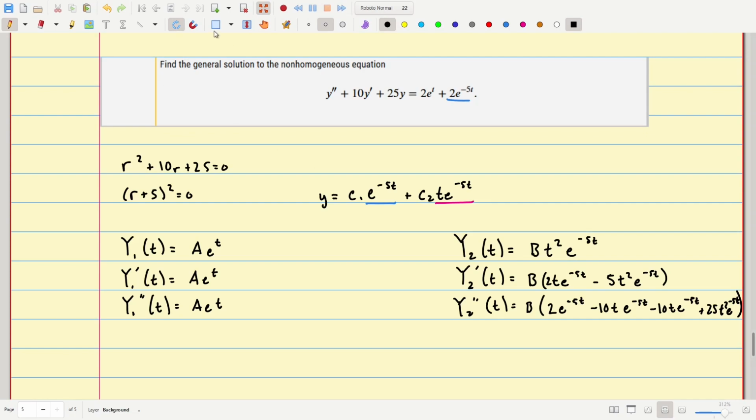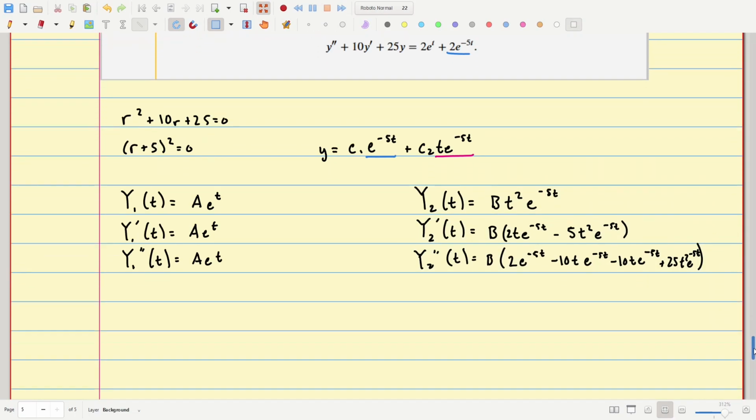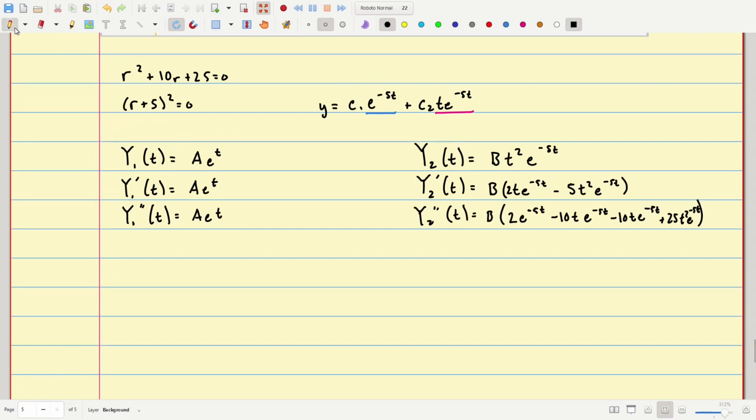All right, got a little bit cramped there at the end. That's all right. Slide this over here. Okay, so there are our two sets of derivatives. We can plug those into our equation, and after plugging them in, figure out what each component of our particular solution is going to be.